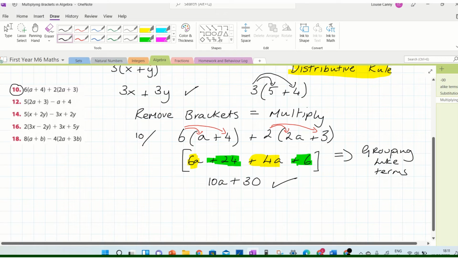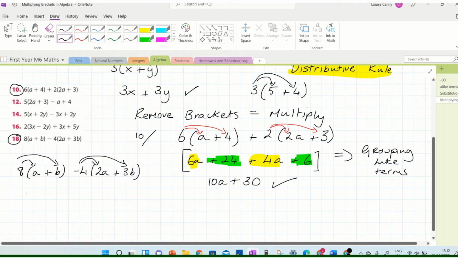I'm going to do question 18, just so that we have an example also of some negative numbers. So let's take question 18. 8 times a plus b minus 4 times 2a plus 3b. Again, I have to multiply the 8 by everything inside the bracket, because the distributive rule tells me that my 8 and my minus 4 multiply everything inside the bracket.